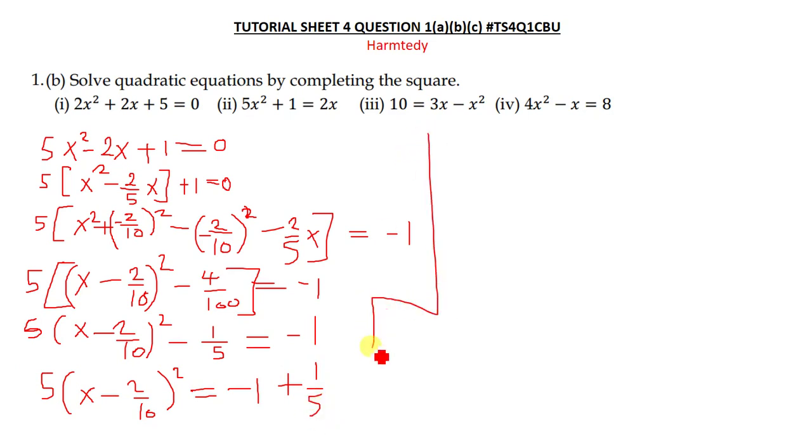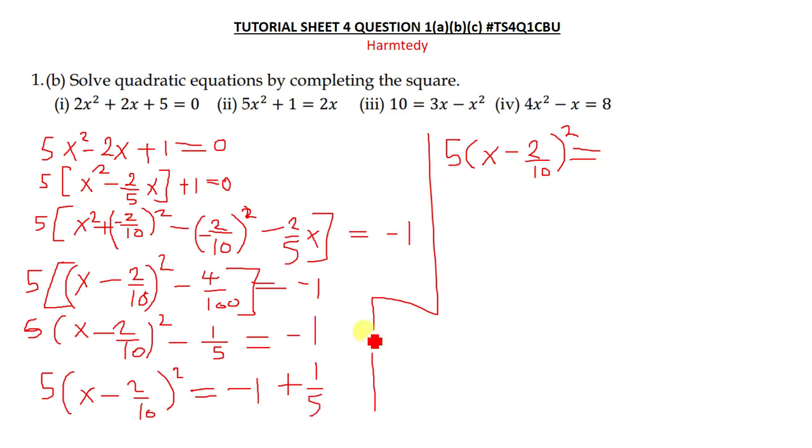I don't know why these questions are giving us complex numbers. Okay, so 5 open brackets x minus 2. But if you've not yet learned complex numbers, if you find that the question has given you such a solution, you simply just conclude by saying it has no solutions.